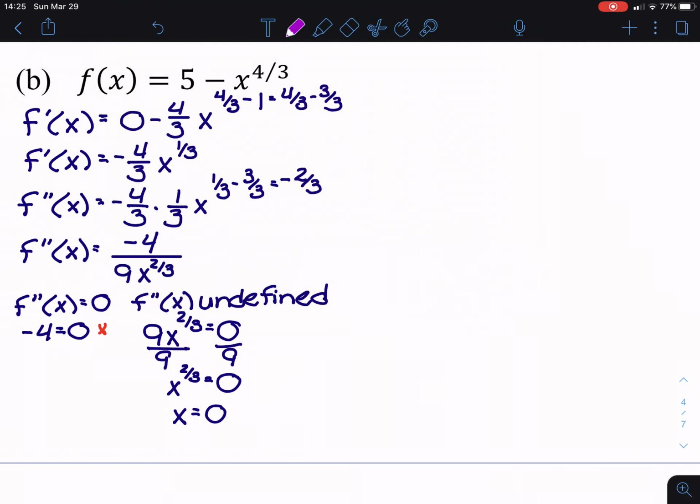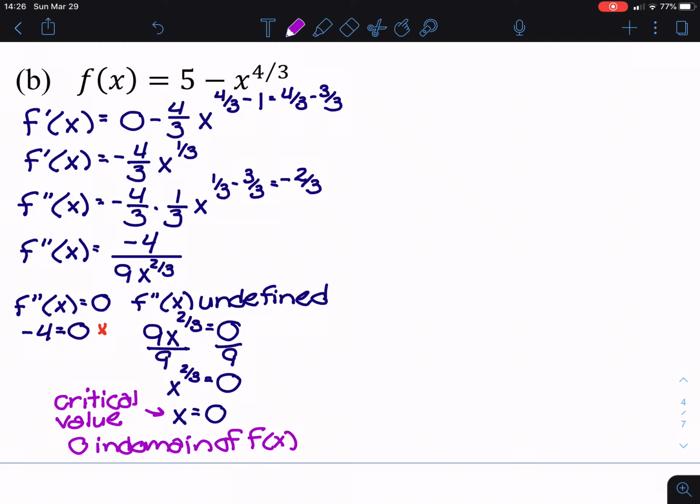So this is a critical value because 0 is in the domain of f of x. So remember, in determining if something is a critical value, we have to go back to the original function. As long as it's part of the domain of the original function, then that x value is a critical value, whether or not it's undefined in the first derivative or the second derivative.